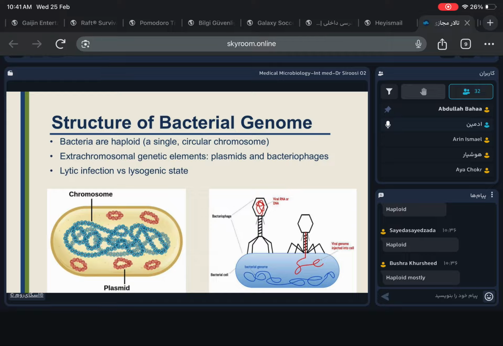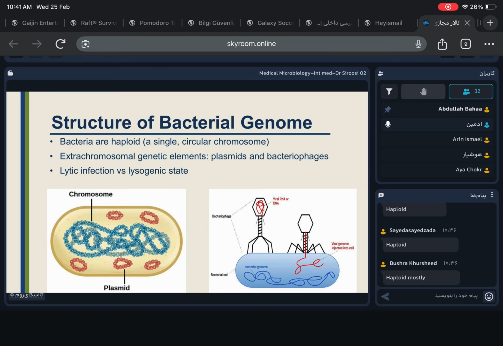It is called lytic because the bacteriophages have lysed the bacterial cell. They have killed the bacterial cell. So that's why this type of infection is called the lytic infection. But sometimes bacteriophages cause the lysogenic state. So it means that bacteriophages don't start to replicate immediately when they inject their genome into the bacterial cell.